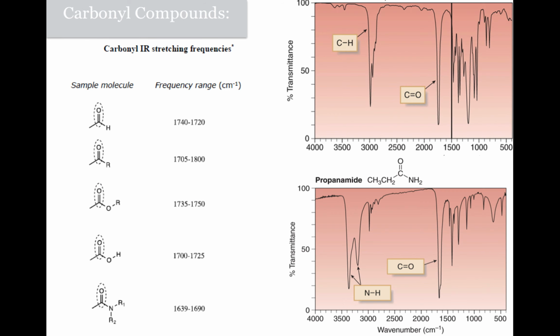So the last compound type I want to show is the carbonyl compounds. Carbon-oxygen double bond group is called carbonyl, and they can be an aldehyde, ketone, ester, carboxylic acid, or an amide. They will all have absorption around 1700, but their ranges will be slightly different, so you can distinguish if it's an aldehyde or an amide.